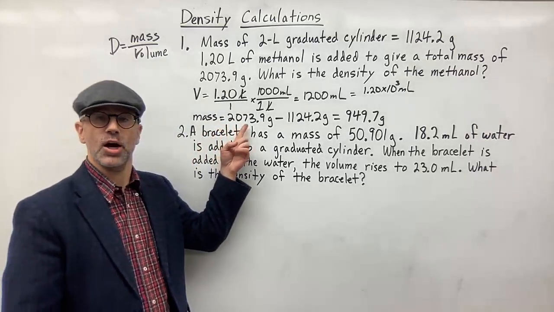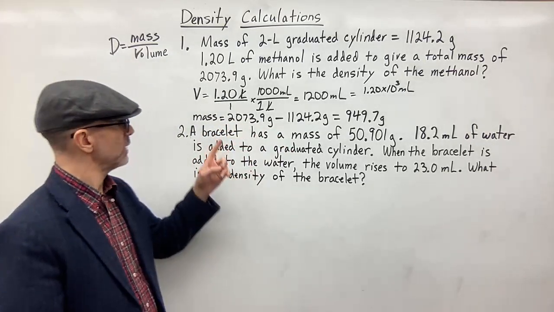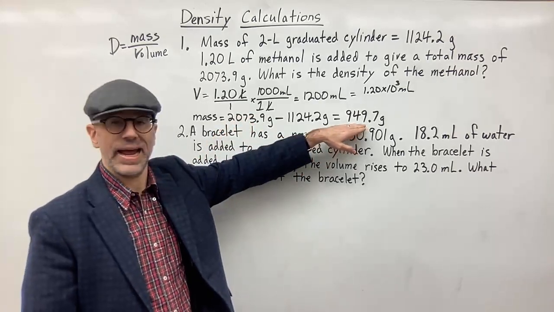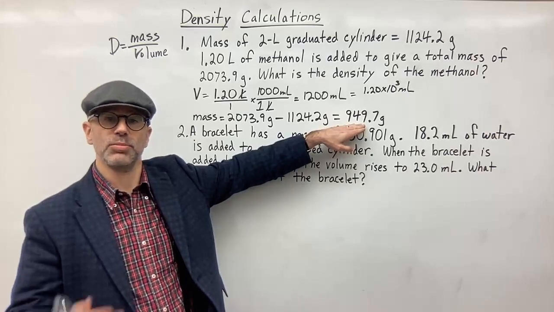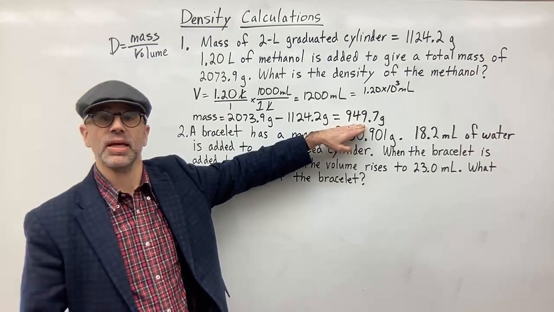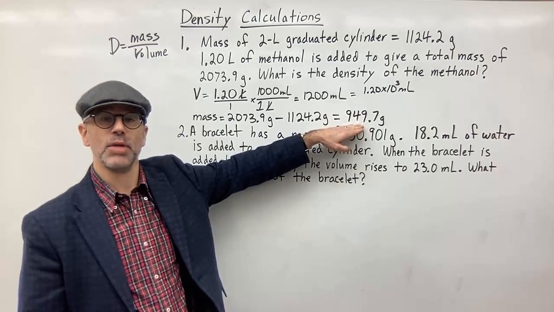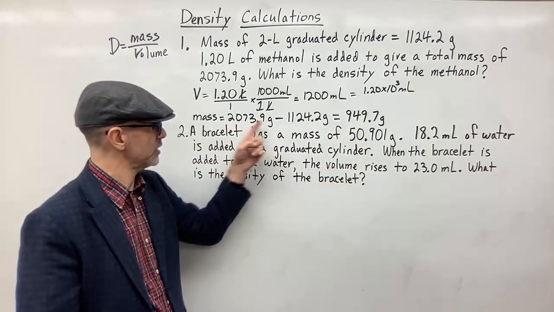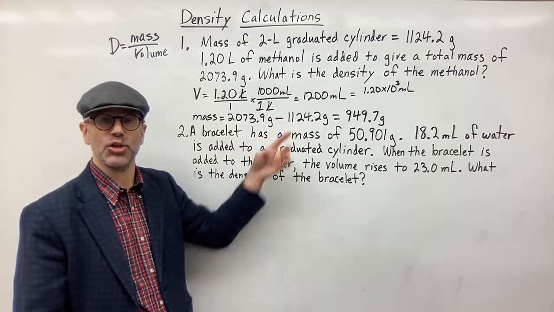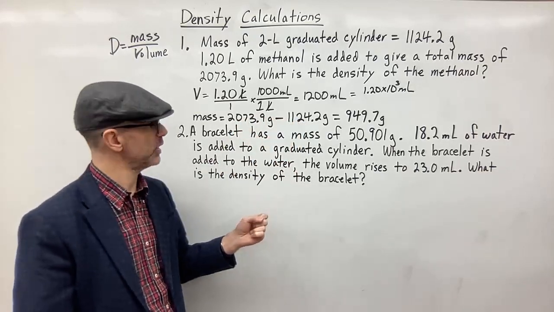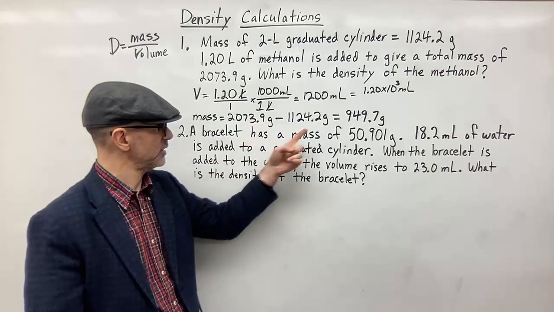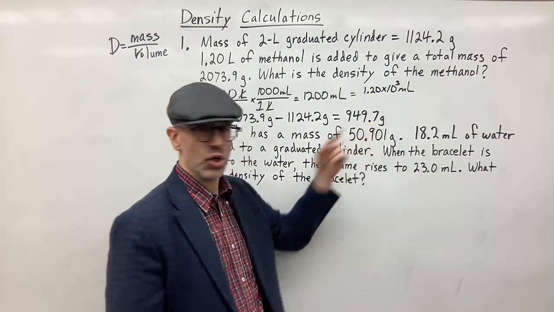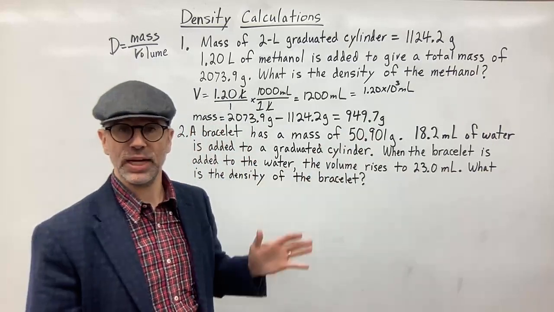Now here I subtracted, and the rule is that the answer from subtracting or adding should have the same number of decimal places as the measurement with the least number of decimal places. This has 1 decimal place, this has 1 decimal place, so my answer should have 1 decimal place. It does, so that's good.